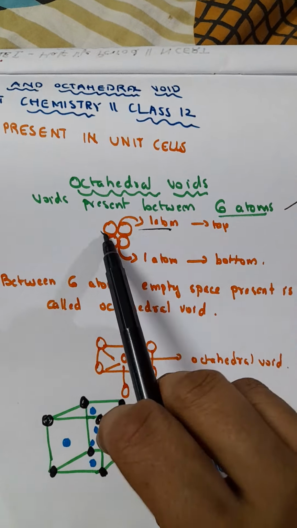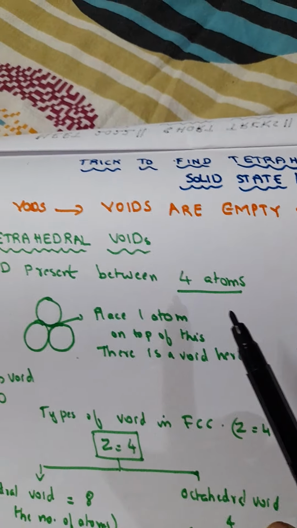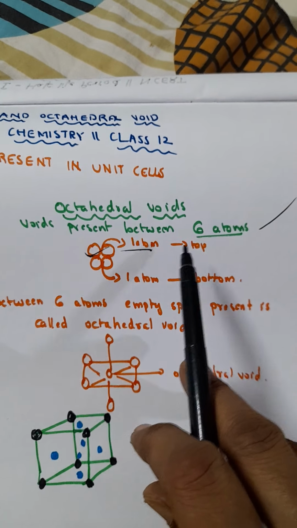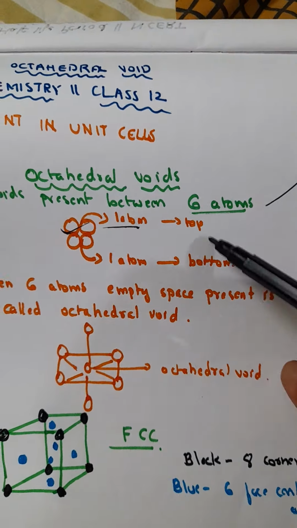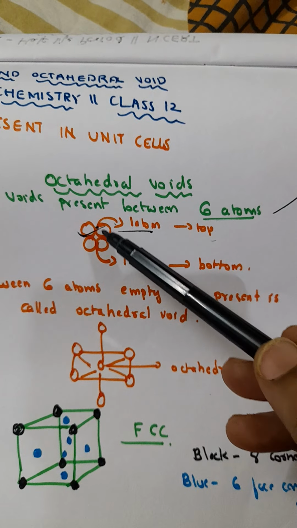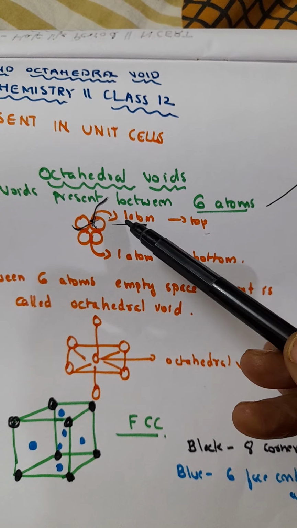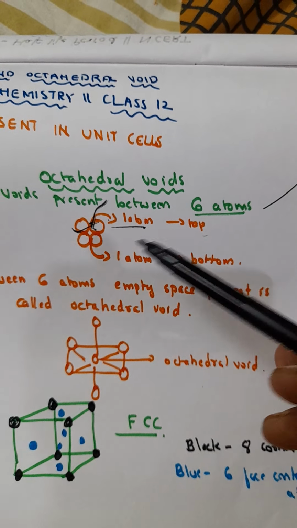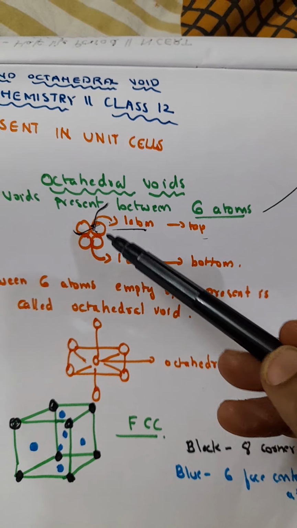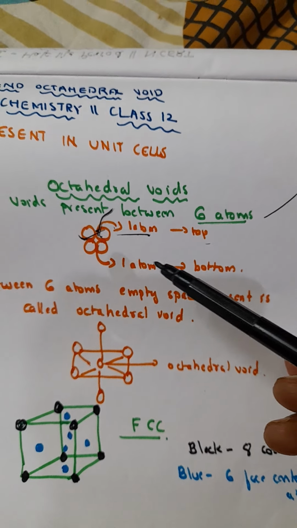Voids which are present between 6 atoms. In tetrahedral, tetra means 4 atoms, and here octahedral voids means voids present between 6 atoms. We keep 4 atoms like this close together, placed like this, and over here you place 1 atom on top and another atom at the bottom.